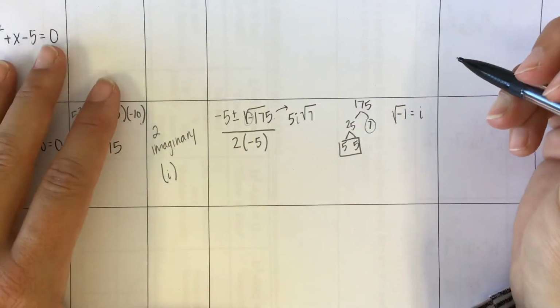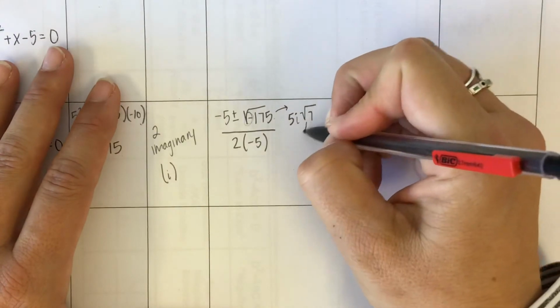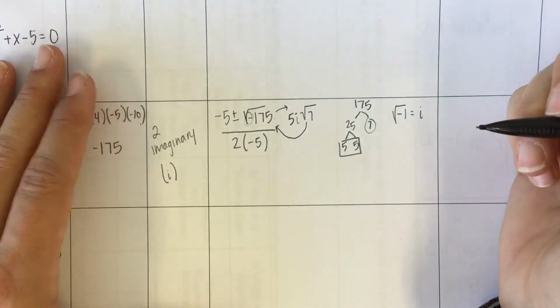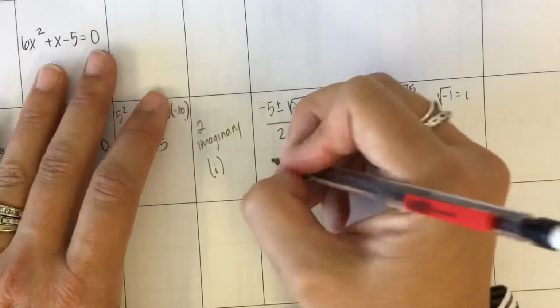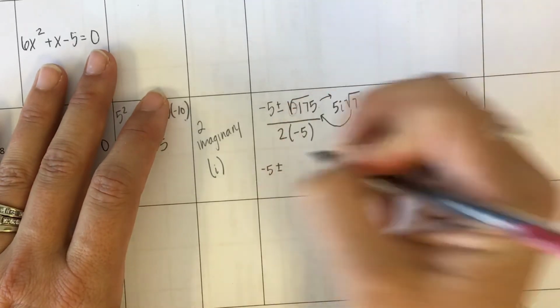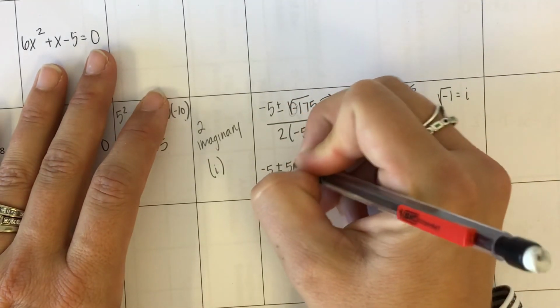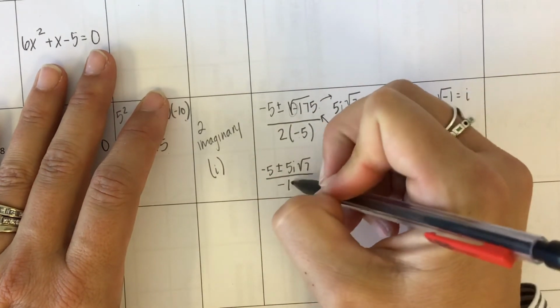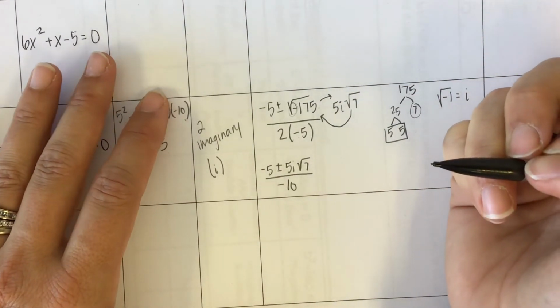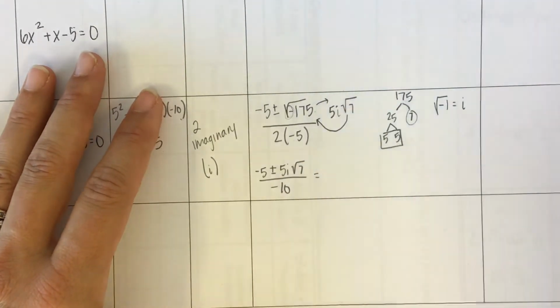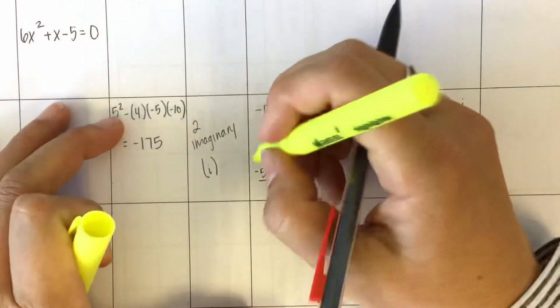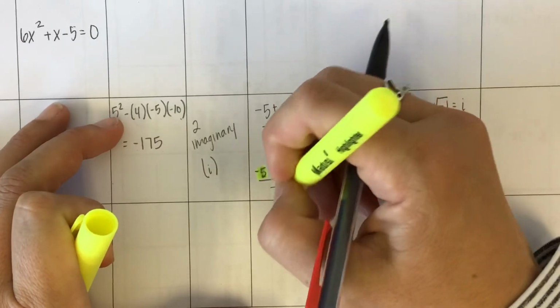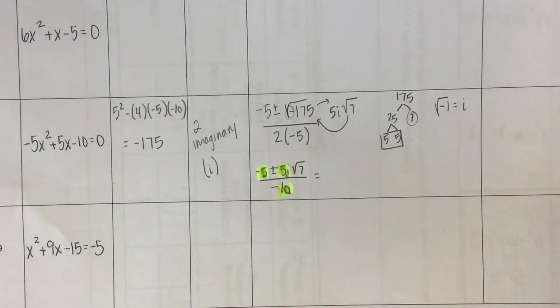Okay? All right. So then we are going to substitute this back into our equation so we can simplify. So we have negative 5 plus or minus 5i square root of 7 all over 2 times negative 5 is negative 10. Okay, so now we need to simplify. Again, we are only looking at the numbers that are out here. We don't look at the 7 at all.